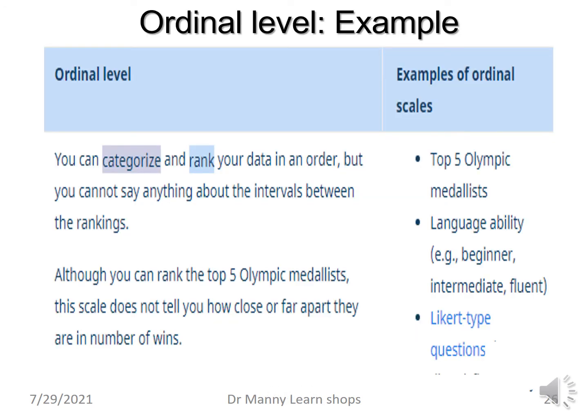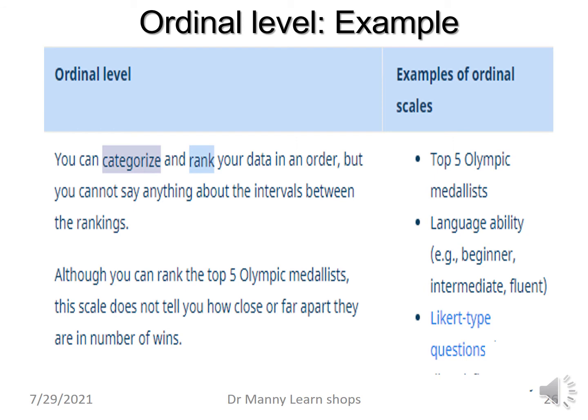Then you've got ordinal levels. And here you can categorize and rank your data in order, but you cannot say anything about the intervals between the rankings. Although you can rank the top 5 Olympic medalists, this scale does not tell you how close or far apart they are in number of wins.